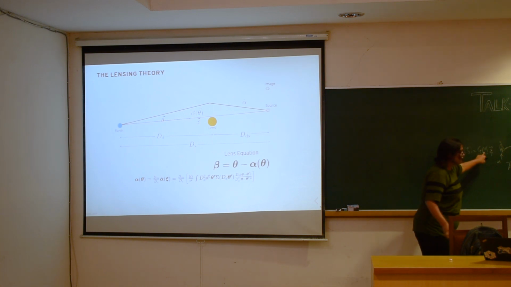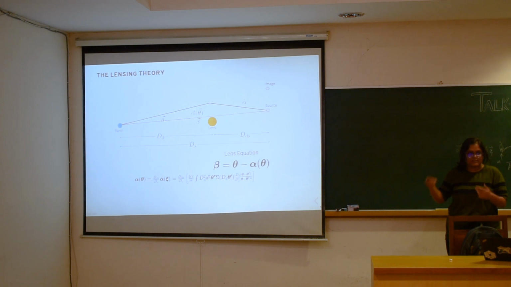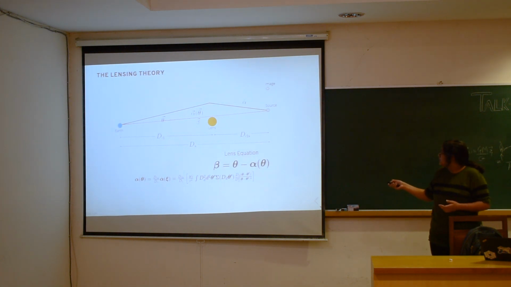Here m is the mass of the lens that deflects the light ray, and the impact parameter, as I described, is the impact parameter of the light from the mass.